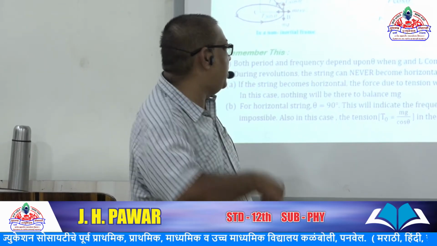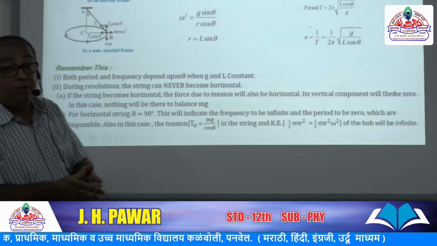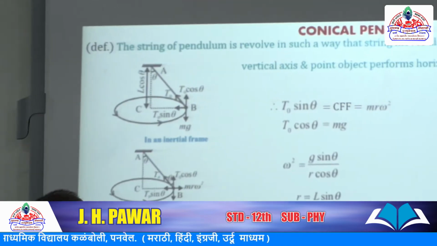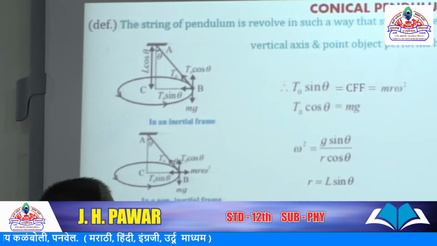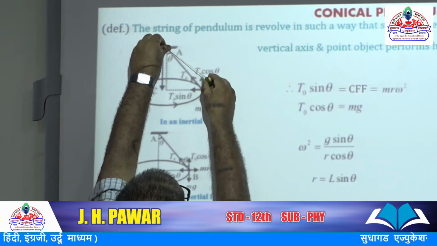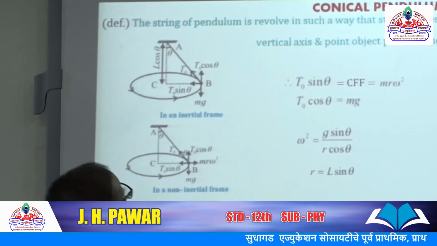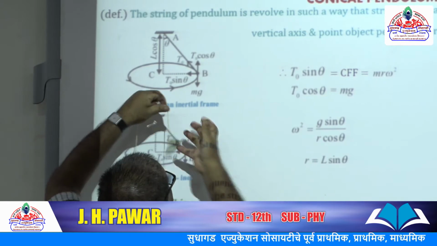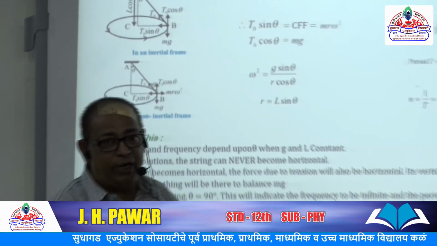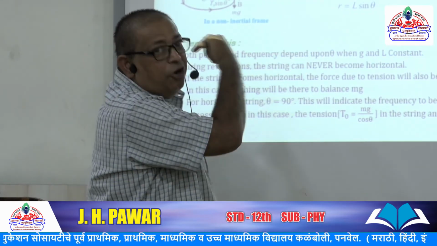Another aspect: if the string becomes horizontal, then what happens here? Look at the thing. This is theta, then this is also theta. At the exactly horizontal position, the tension has only one component, the horizontal component.